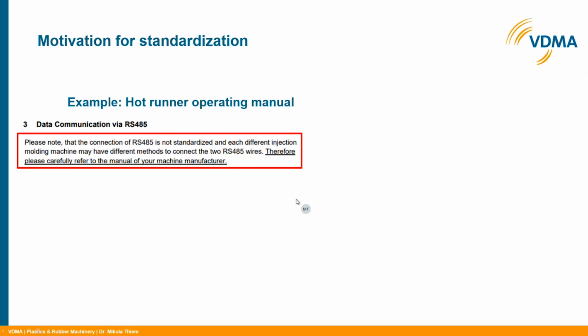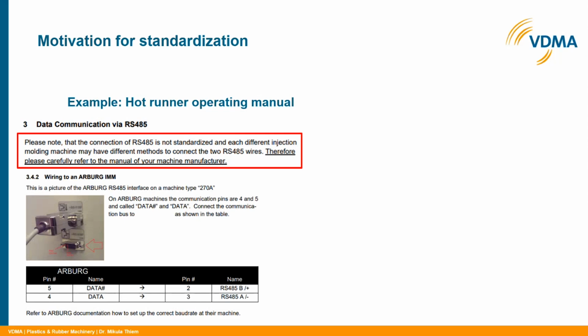And the first part is serial data communication with RS485. And there is written, please carefully refer to the manual of your machine manufacturer as a general hint. And if you want to wire this device to an Aarburg injection molding machine, you have to map these signals from these pins to pin 2 and 3, and please check the Aarburg documentation for the correct baud rate.